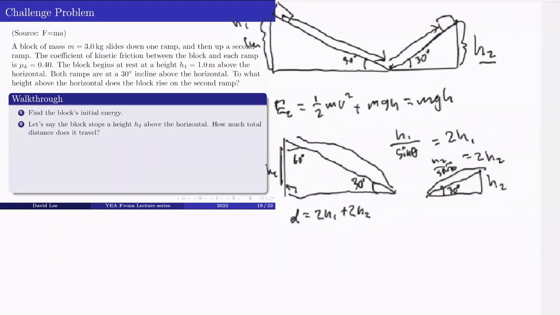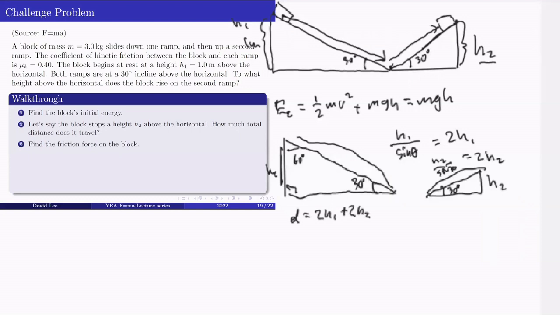Now, let's go on to the third step of our walkthrough, which is to find the friction force on the block. This will require some content from our previous lectures, but just draw force diagrams, and I think I went over this many times in my previous lecture.